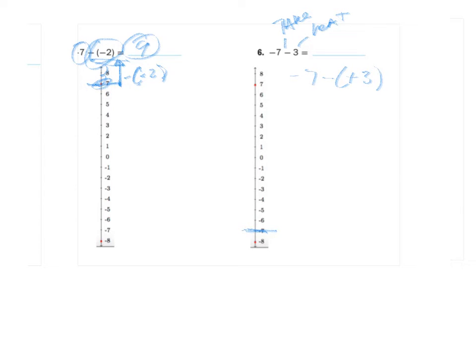And so if I'm taking away heat, the temperature's going down, which means I'd be going down 1, 2, 3, which means I'd be at -10. So -7 minus 3 is -10.